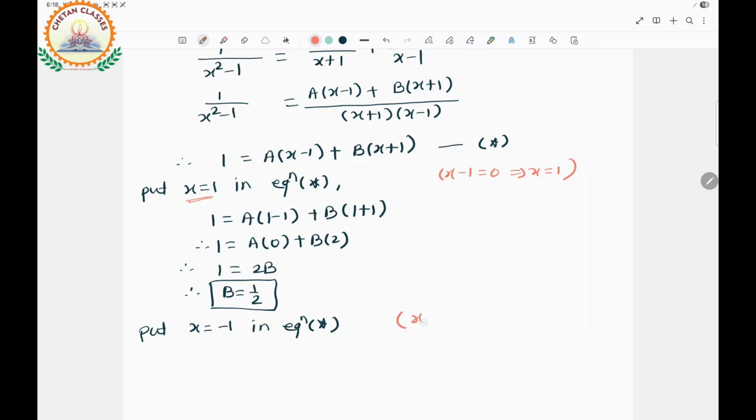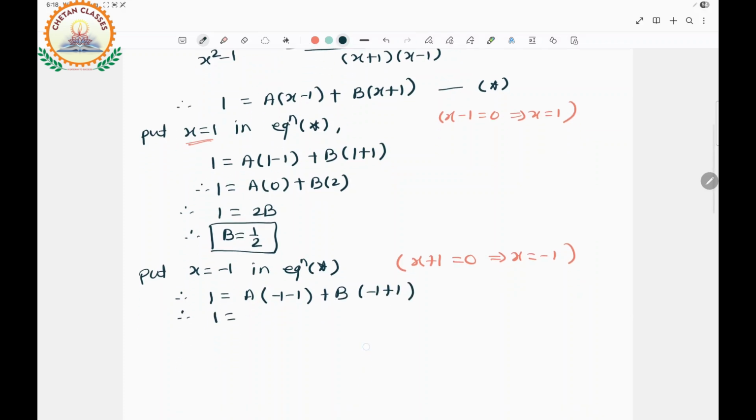And next factor, that is x plus 1 is equal to 0. So, we get x is equal to minus 1. So, put x is equal to minus 1 in equation number star. Therefore, 1 into 1 is equal to a into minus 1 minus 1 plus b into minus 1 plus 1. Therefore, 1 is equal to minus 2a plus b into 0. Therefore, a is equal to minus 1 by 2.